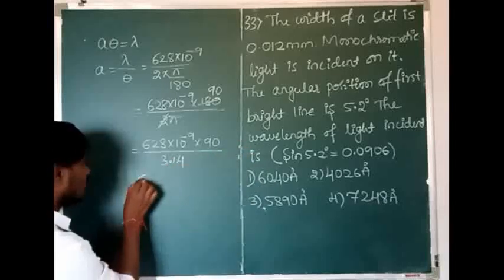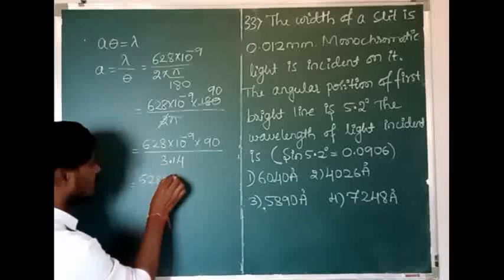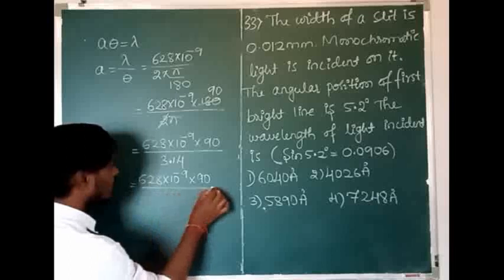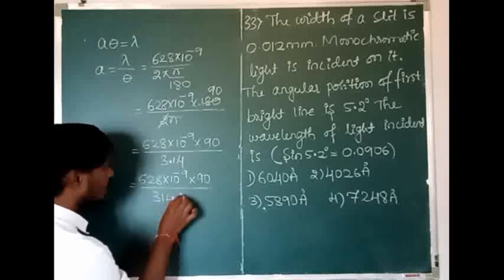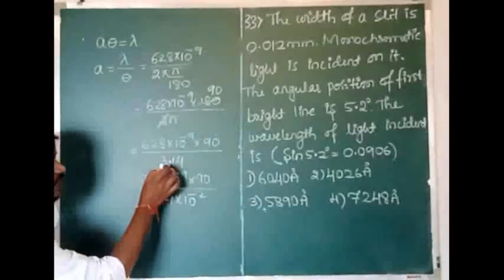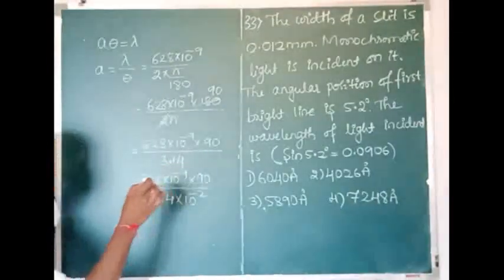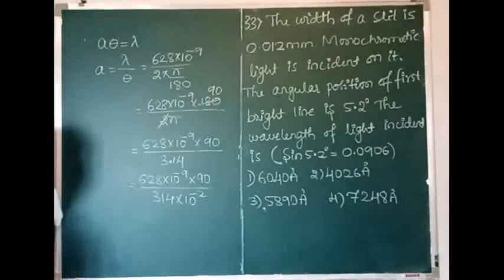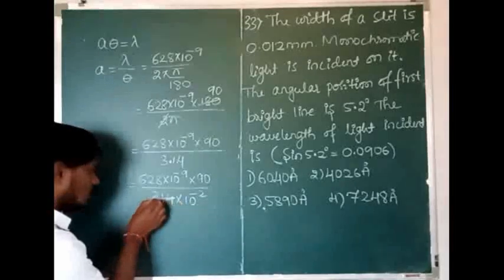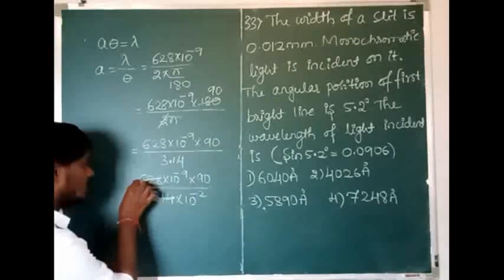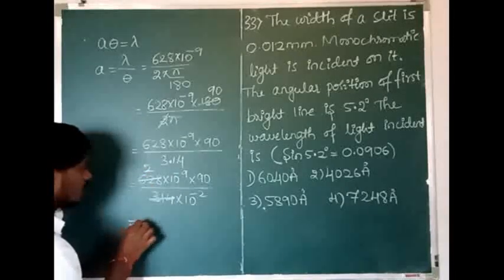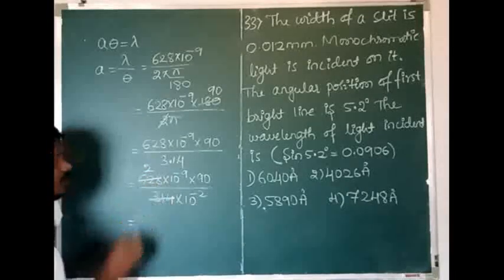We can write 628 into 10 to the power of minus 9 into 90 divided by 314 into 10 to the power of minus 2, because we are going to displace the decimal point in the right direction, after 2 digits. That is why we write 10 to the power of minus 2. So 628 divided by 314 is nothing but 2, because 314 twos are 628.